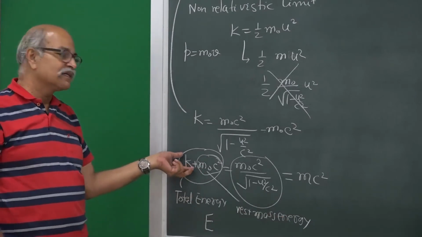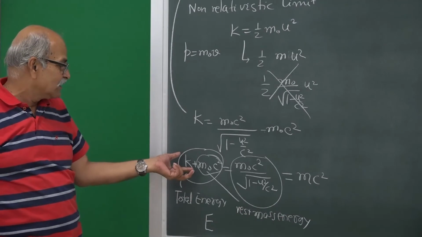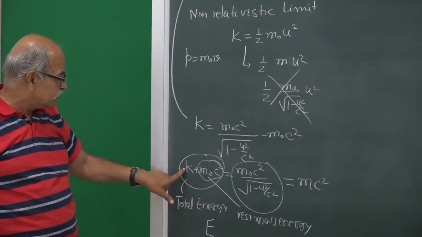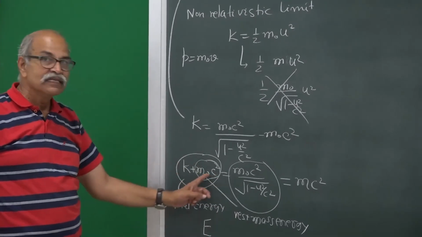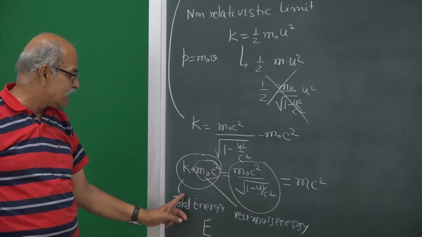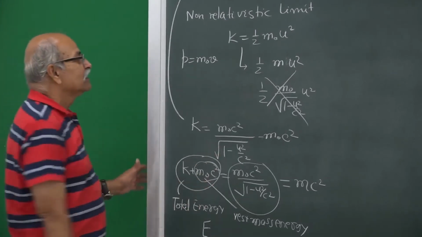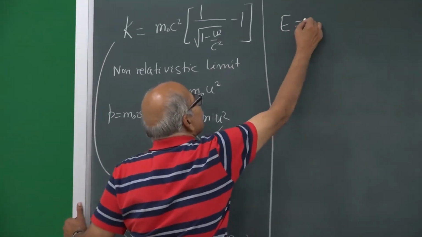Capital K is kinetic energy that we have derived. So, we are not defining it as such, we have derived this expression, and then kinetic energy plus rest mass energy, K plus m naught c square, this we are defining as total energy E, and then this expression is written as E equal to mc square.